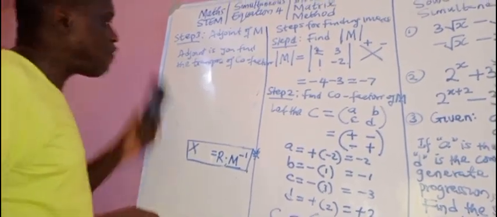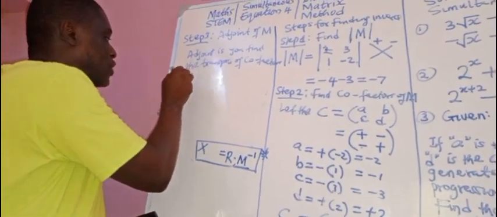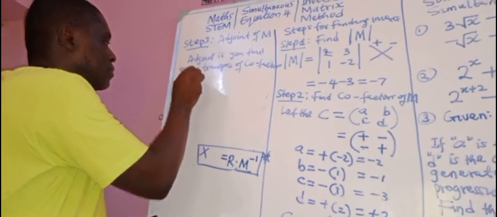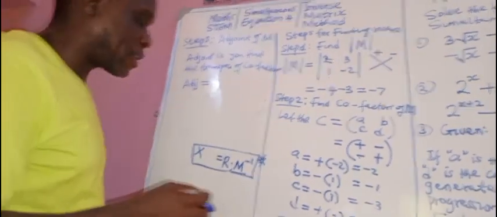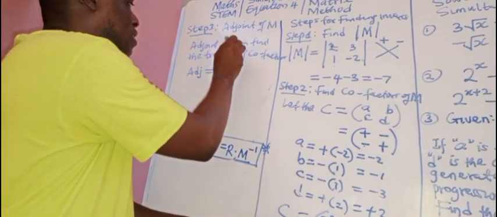So that means adjoint is equal to the transpose of cofactors. Now, where is the cofactor? This is the cofactor. What does it mean to transpose it? Take note of that.